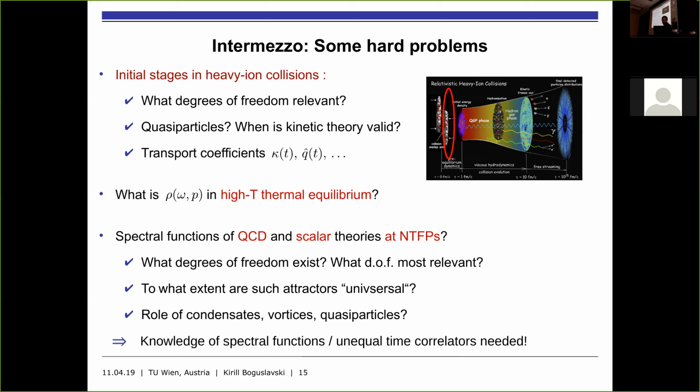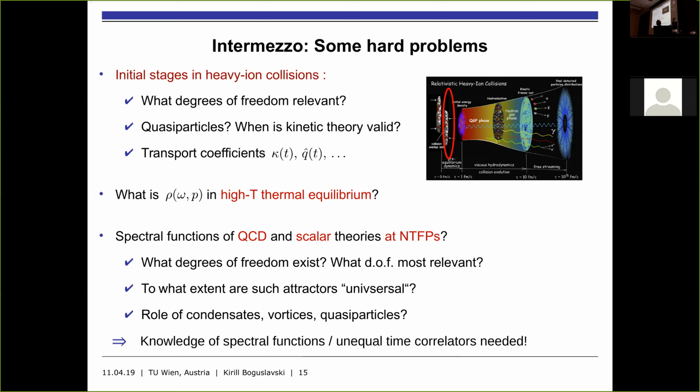Spectral functions and unequal time correlation functions, I think people are also using, but quite rarely. But the point is that you get lots of information from that about the excitation spectrum and eventually about the relevant degrees of freedom.